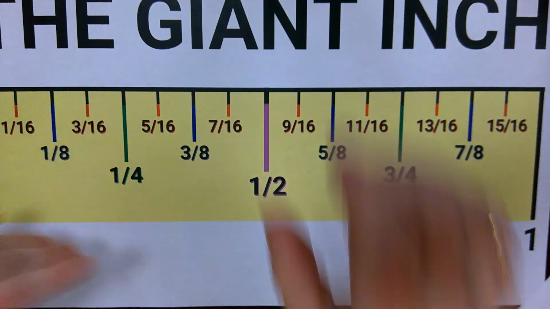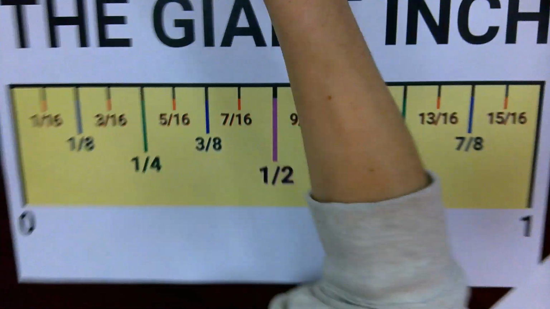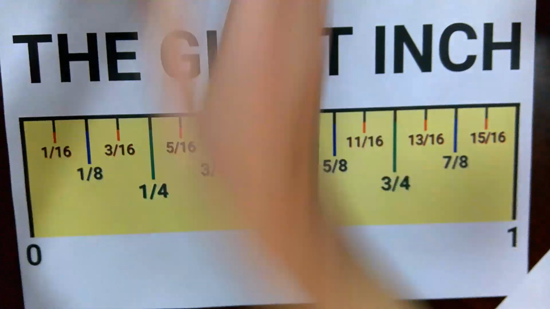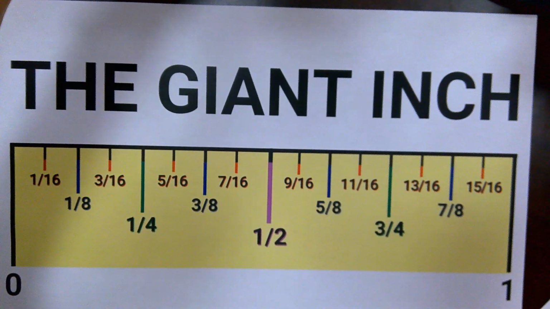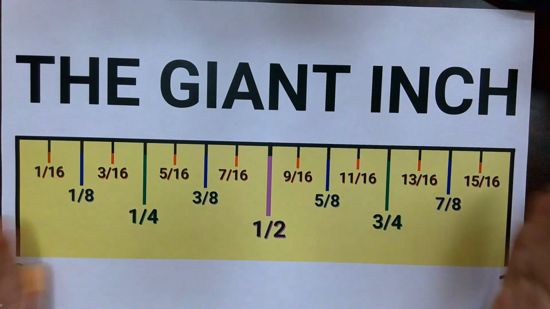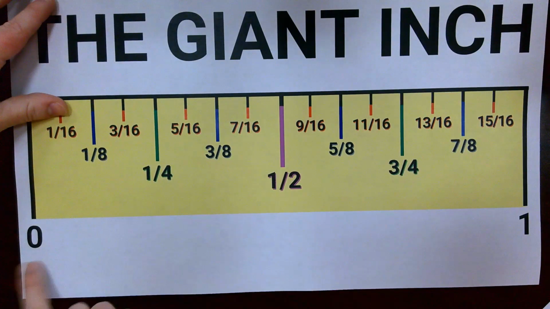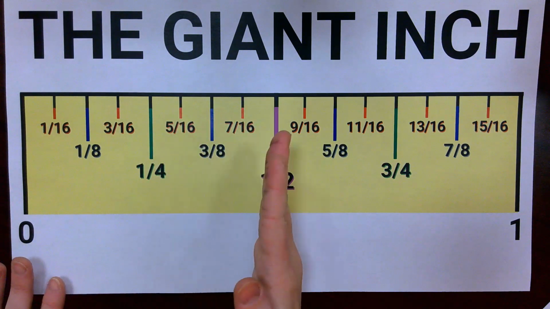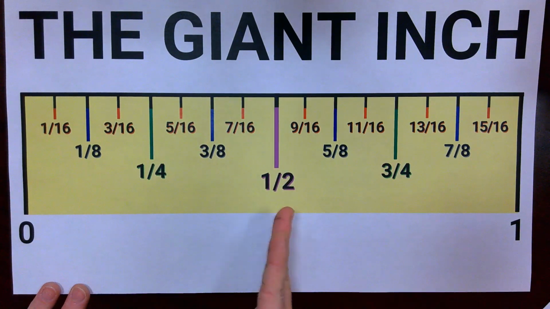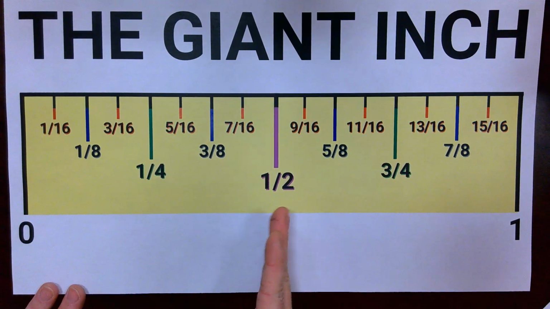Let's see if I can make this higher. There we go. Now we can see the whole thing. This is just a blown up 1 inch. This is 0. This is 1. At the halfway point of your inch, we have 1/2 inch.